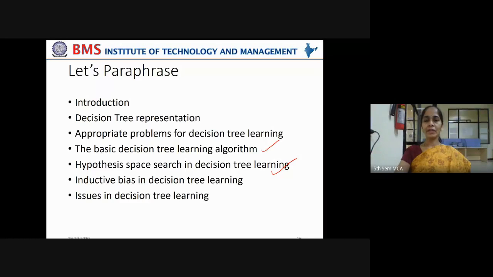We have seen ID3 algorithm's performance with the measures information gain and entropy, and inductive bias in decision tree learning, that is, preferring shorter trees over larger trees, and also using a statistical measure called information gain. These are the two assumptions made in decision tree learning. And issues in decision tree learning like overfitting, varying costs, or having continuous valued attributes. How to deal with all those issues we have covered.